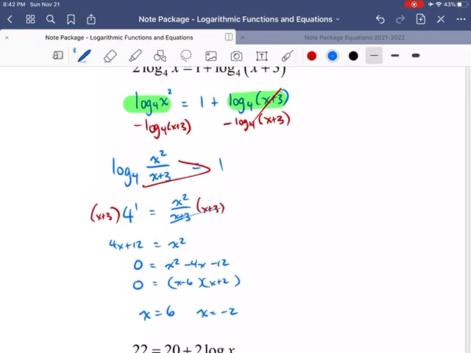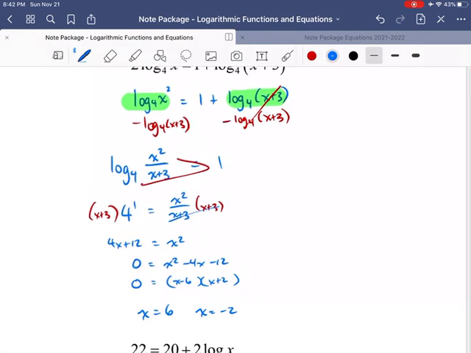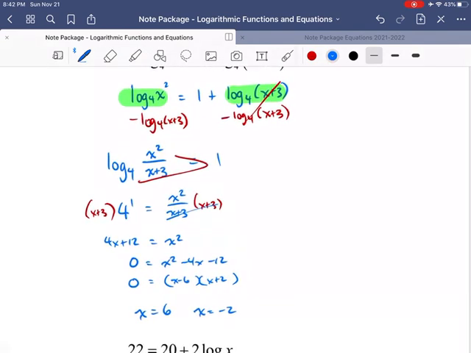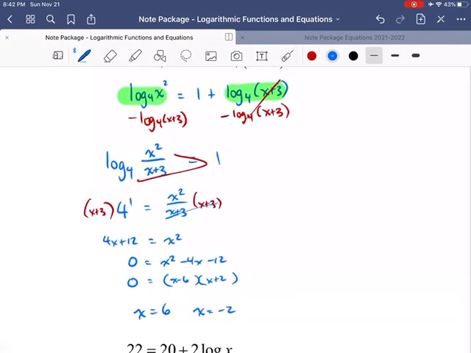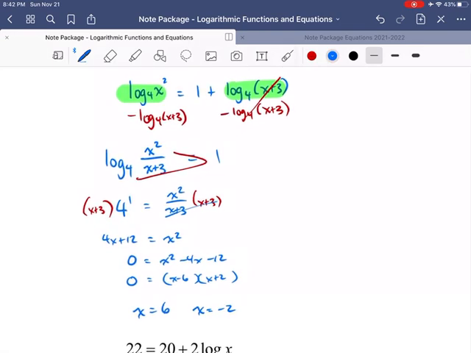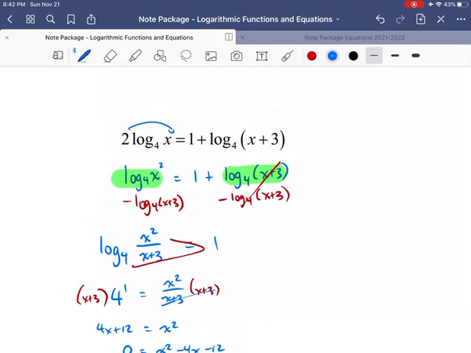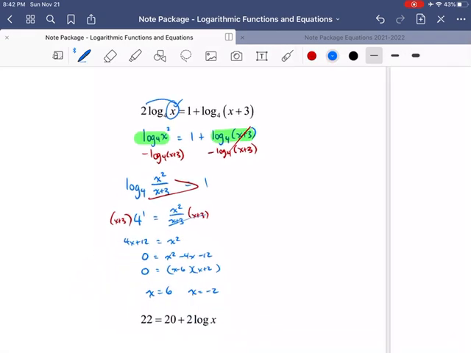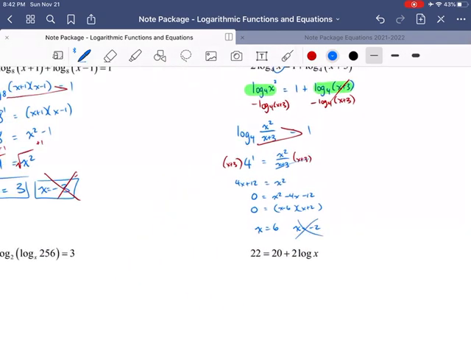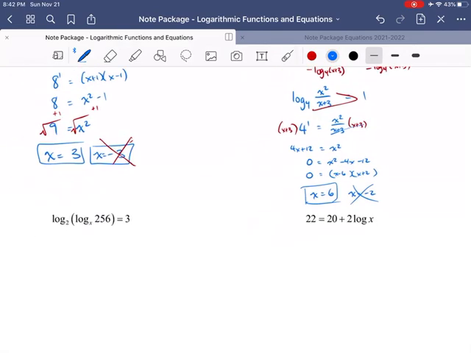Just check them back with the original. Negative 2 will not work, because if you put it in here, no bueno. So one solution.